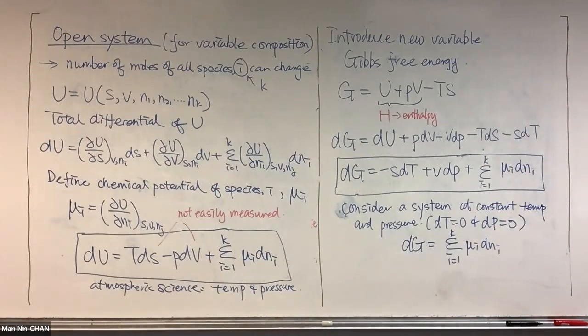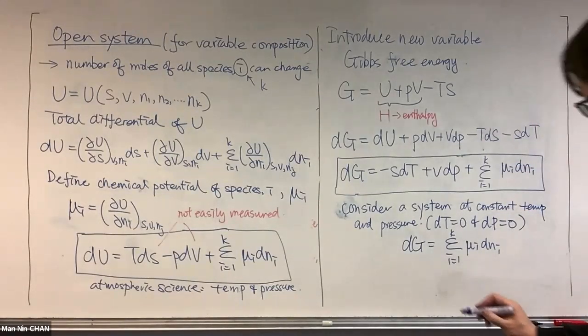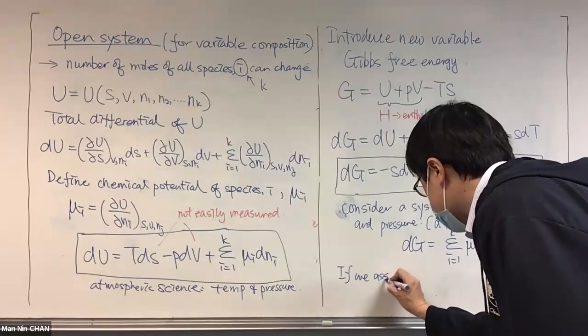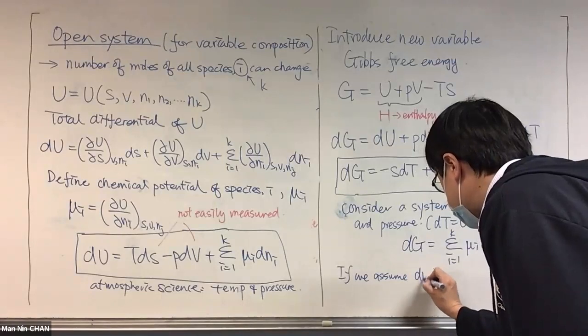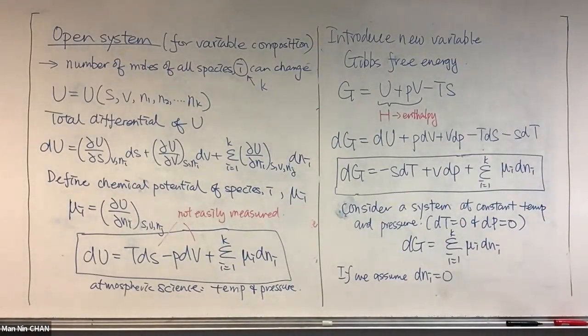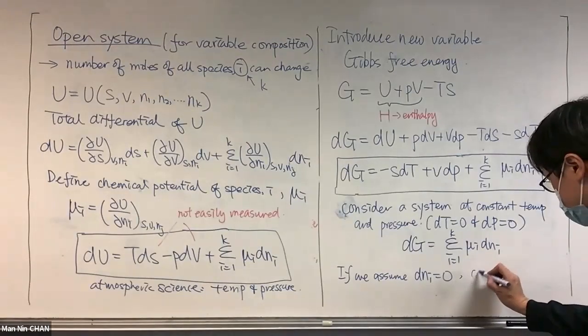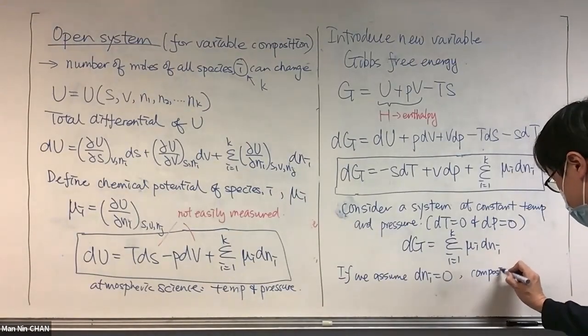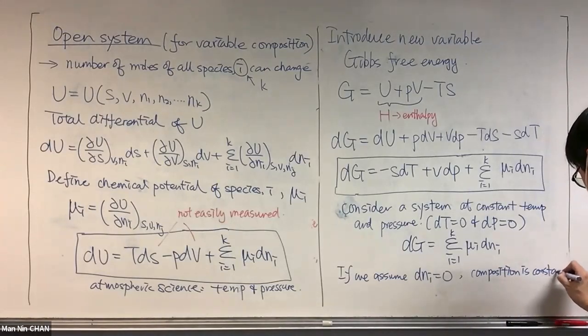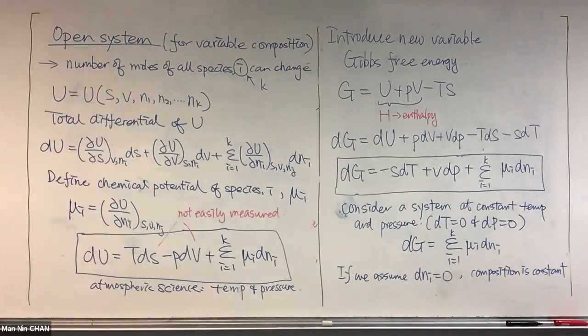And then if I make another assumption, let's say we make a further assumption that your dn equals 0. That means your composition does not change. Your composition is constant for your system.